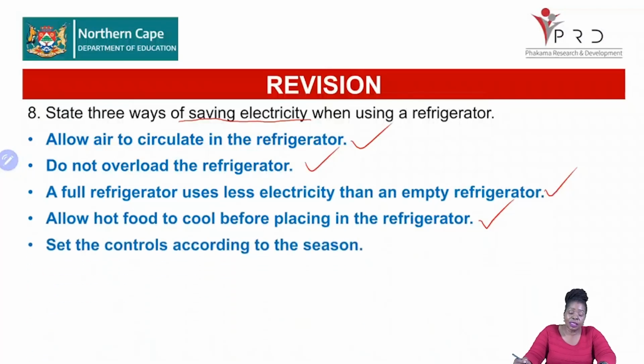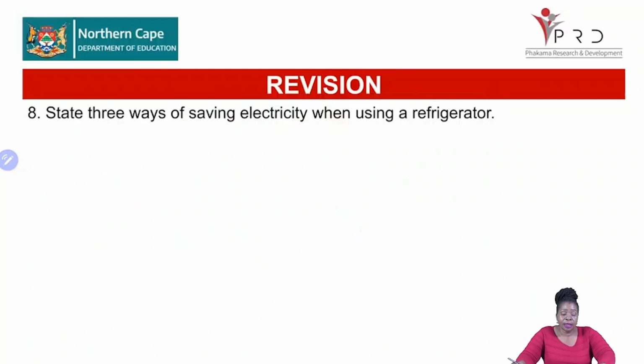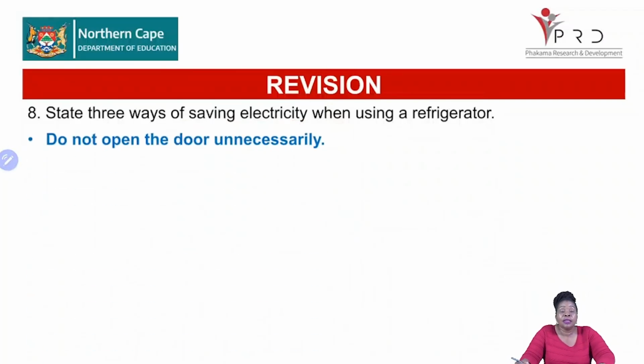Right, and also set the controls according to the season. When it is cold, we must put it at higher because it will actually be assisted by the changes or the weather at that particular time. Right, and then more points on question 8.